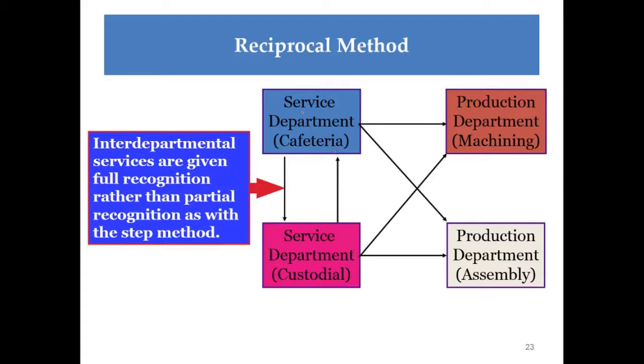In the previous example, cafeteria first allocated its cost to custodial, then custodial couldn't allocate its cost to cafeteria because the step down method prohibits that. Here in the reciprocal method, which is more precise, we allocate cost from cafeteria to custodial, and from custodial to cafeteria.